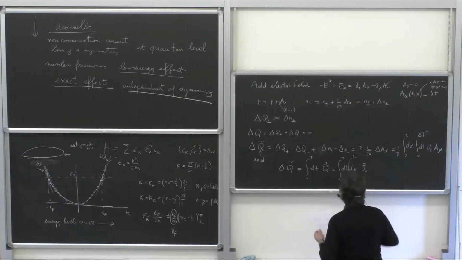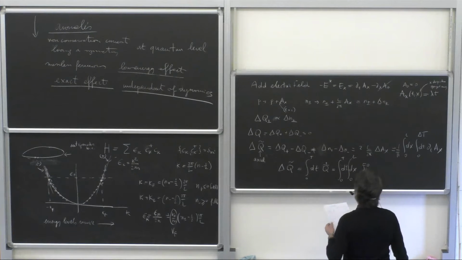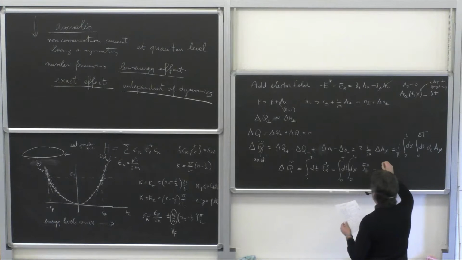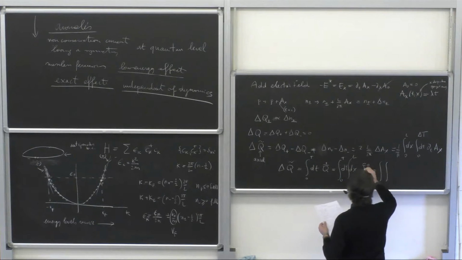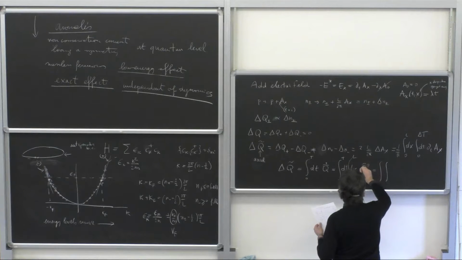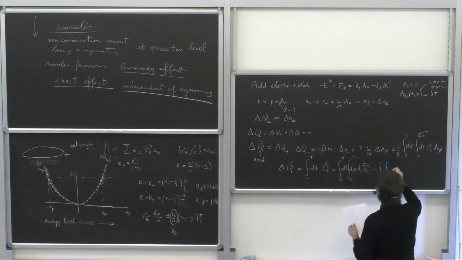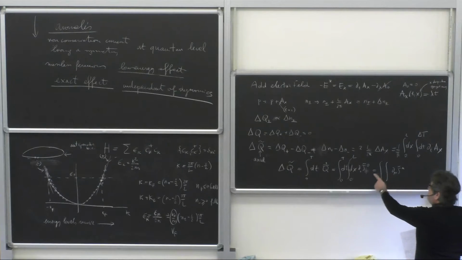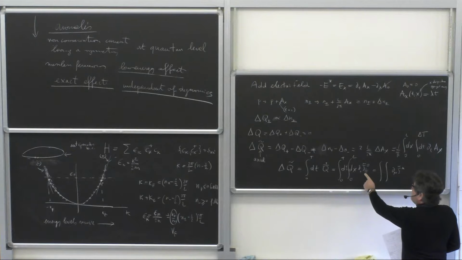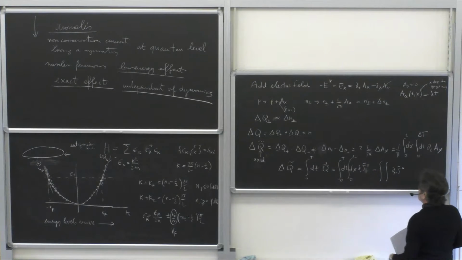J is a current, and this is also equal to a double integral of d0 J0, d mu J mu, because the space component is a total derivative, but we have a periodic boundary condition, okay?